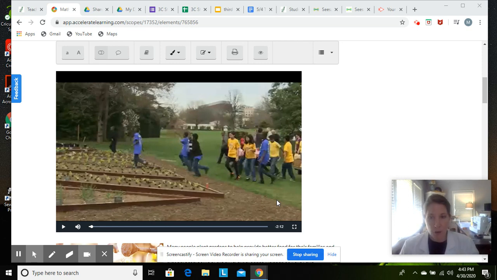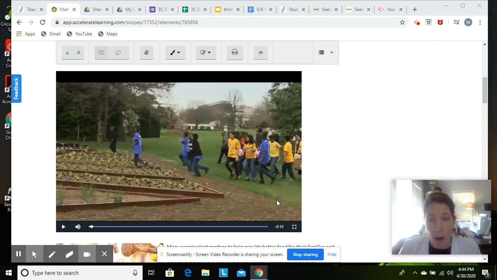So I'm going to work through a little scenario with you quickly. And here is the scenario. There were 6 big garden beds at the White House. So I'm going to stop right there. Because before I go any further, I'm going to draw this out. I'm not even going to go any further without drawing a picture of what that looks like.